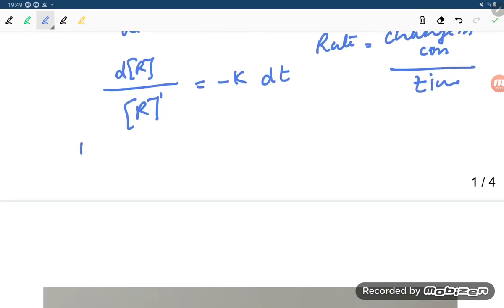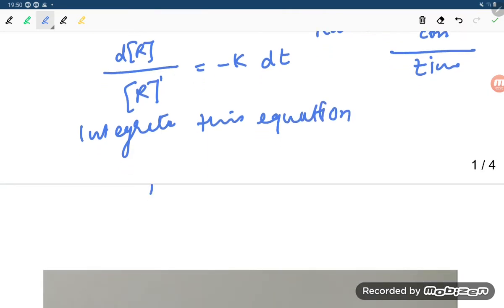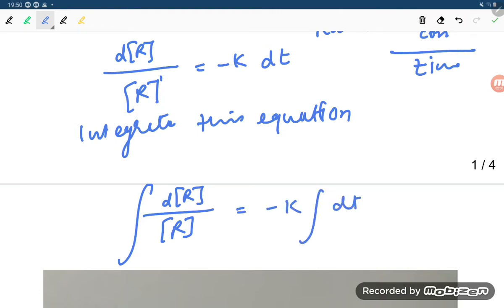Now integrate this equation. If you are integrating this equation, what will you get? Put the integral symbol, dR upon R equal to minus k dt.